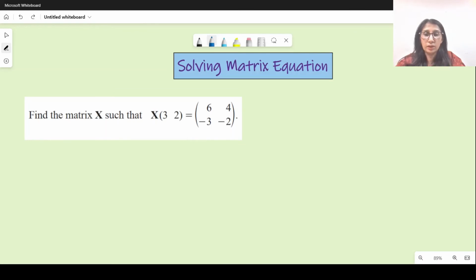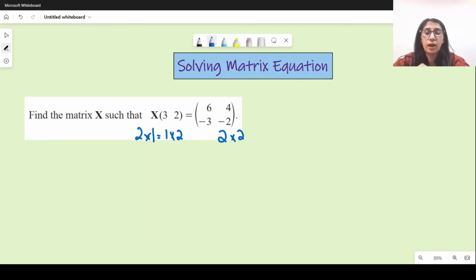Now, what we do is we write down the order of this matrix. We write down the order of this matrix, 1 by 2. And now we figure out what's going to be the order of X. The order of X has to be, it has to be 1 over here. And the other value over here must be 2 from here. Why is that?